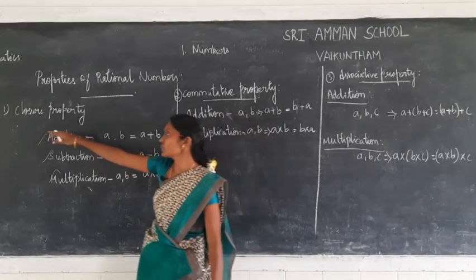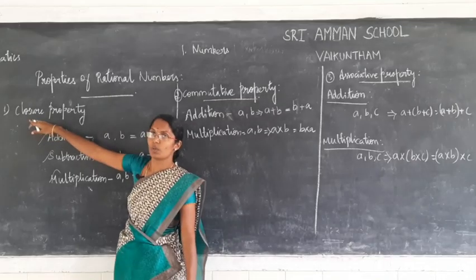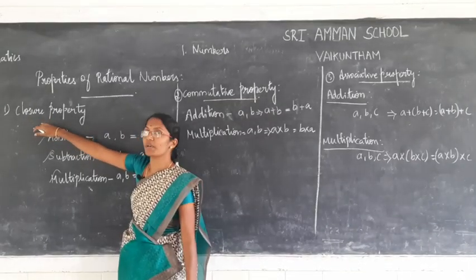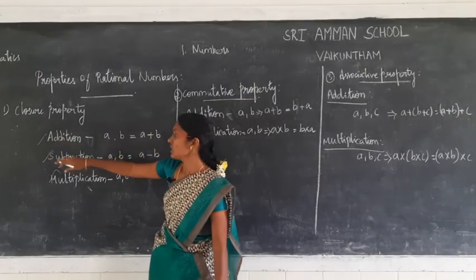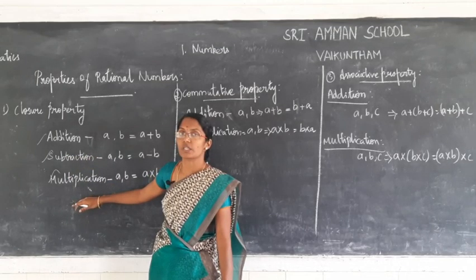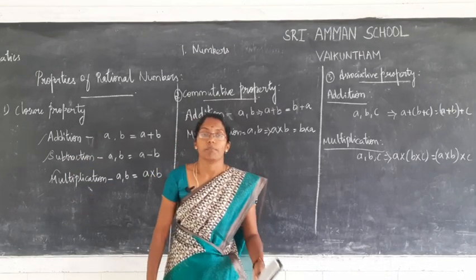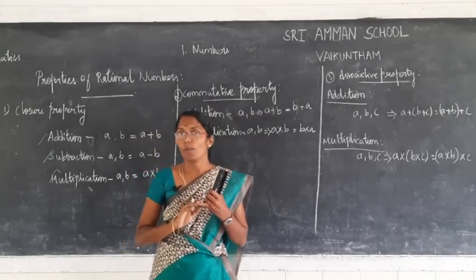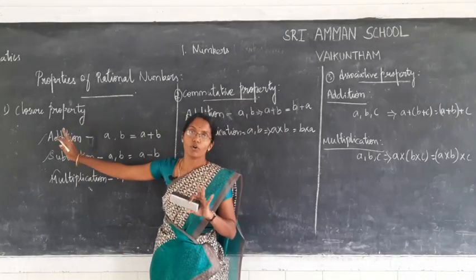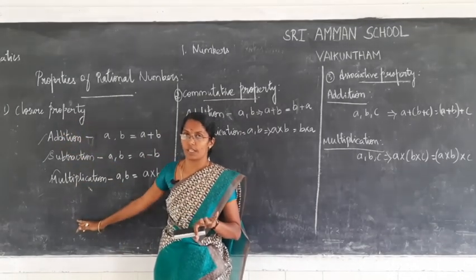The first one is the closure property. This closure property satisfies addition, subtraction and multiplication. No property satisfies division.